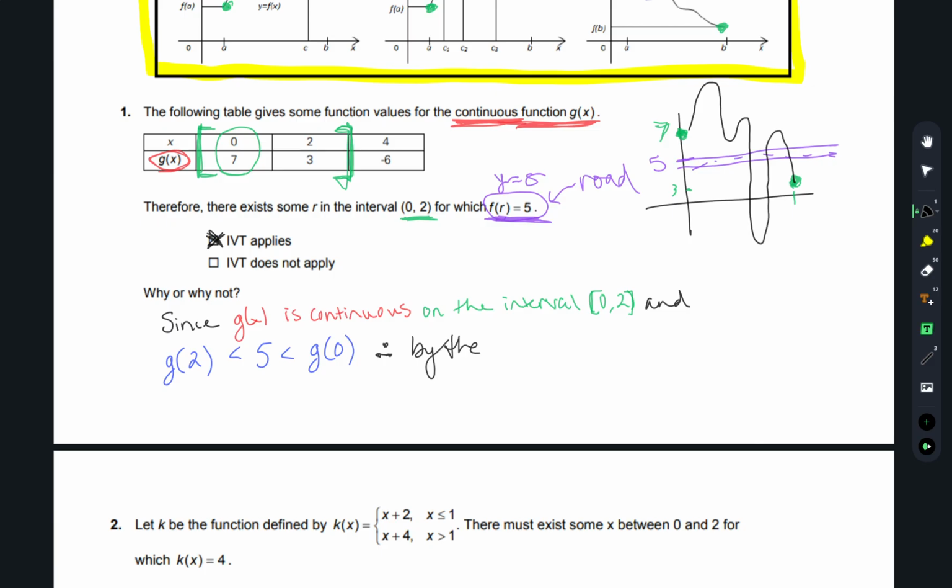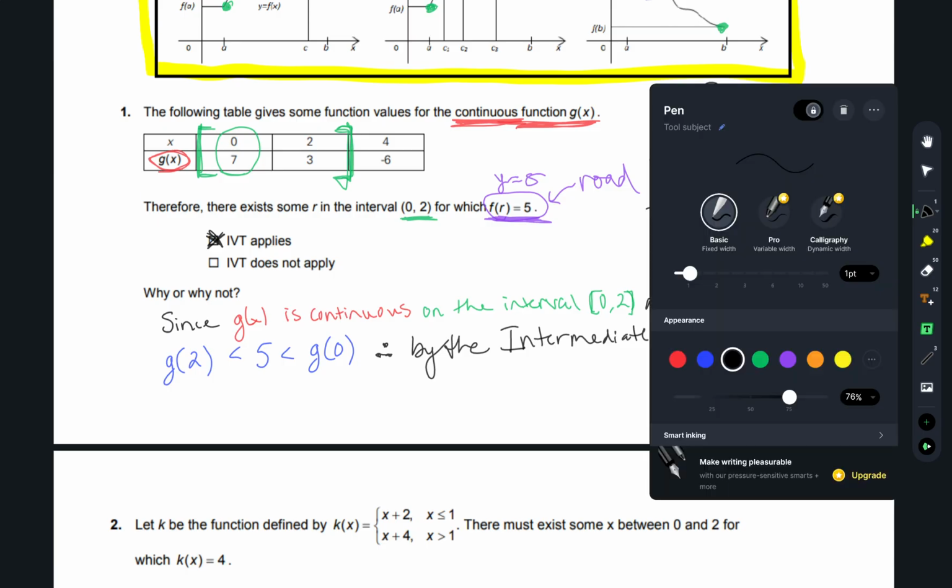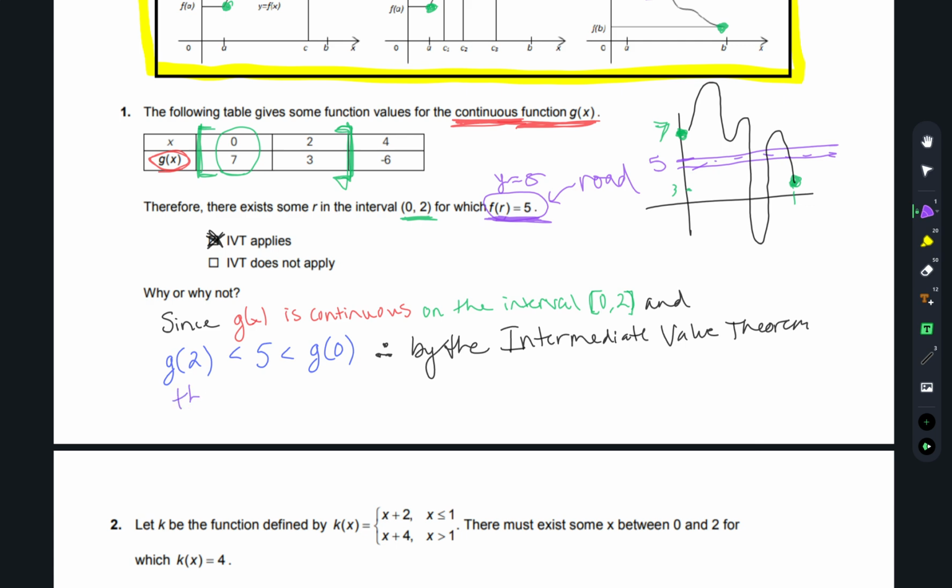And then you say, therefore, by the intermediate value theorem, this is where you have to say that there exists thing. There exists a value. Now, this is where you say like C, or it's going to cross at some time.